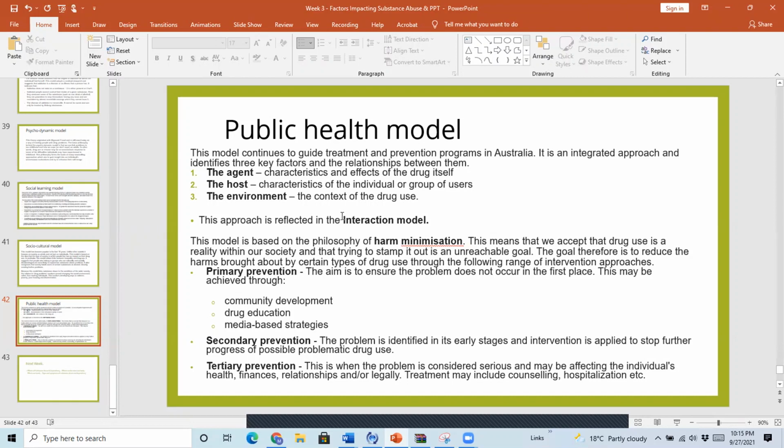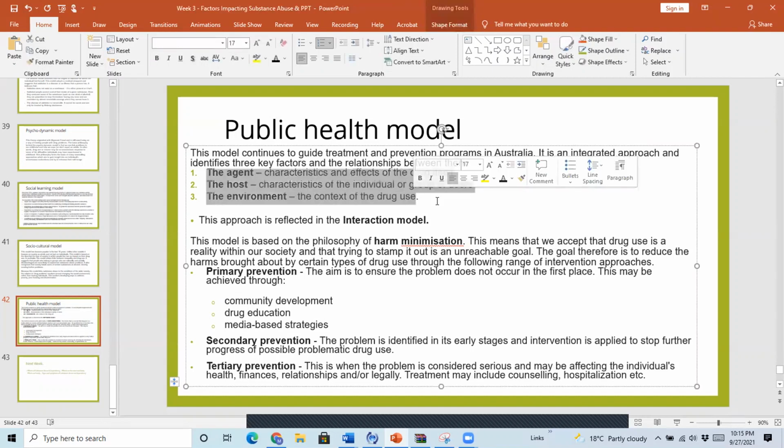How do we treat it? Now, when we have these three key factors, and we approach this interaction model, we're kind of pinpointing this prevention, because the primary and secondary prevention is before these three characteristics, these three factors come into play.